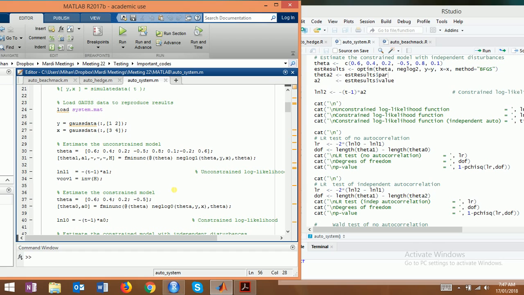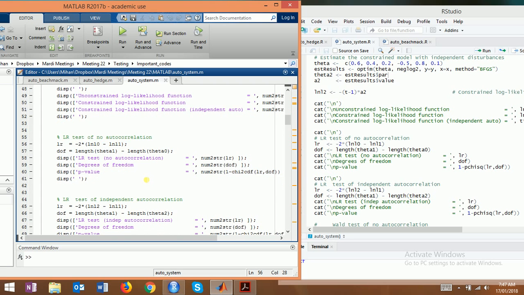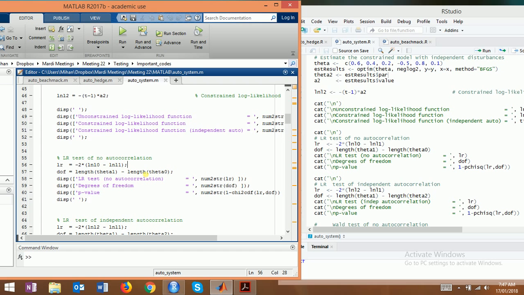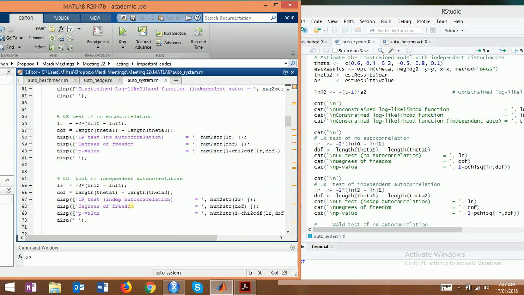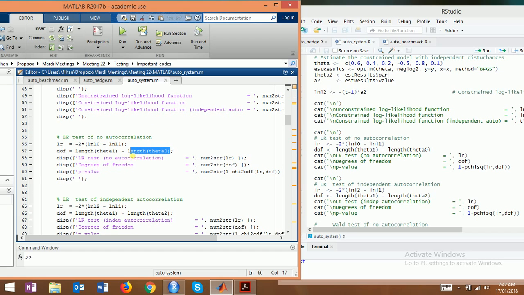All the thetas are saved here. So we are seeing if we have lost any parameter in the constraint, where we don't have the autocorrelation function. Theta 1 has an additional row parameter, theta naught doesn't have the row parameter, so obviously with no autocorrelation there is 1, so that is the degrees of freedom, and that we need when we are finding the p-value.